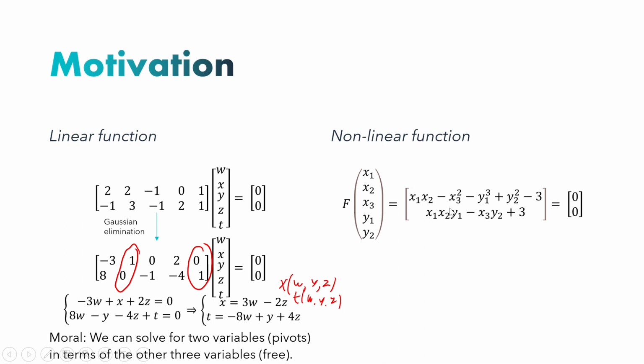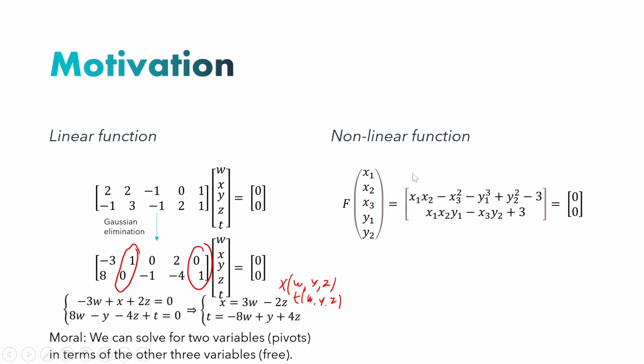Because it's not linear, we can't do the same thing that we did over here with row operations and pivot variables. But we still want to ask the question, what are the zeros? The idea is that if there are any solutions at all, so if it's a consistent system, then there should be many solutions.